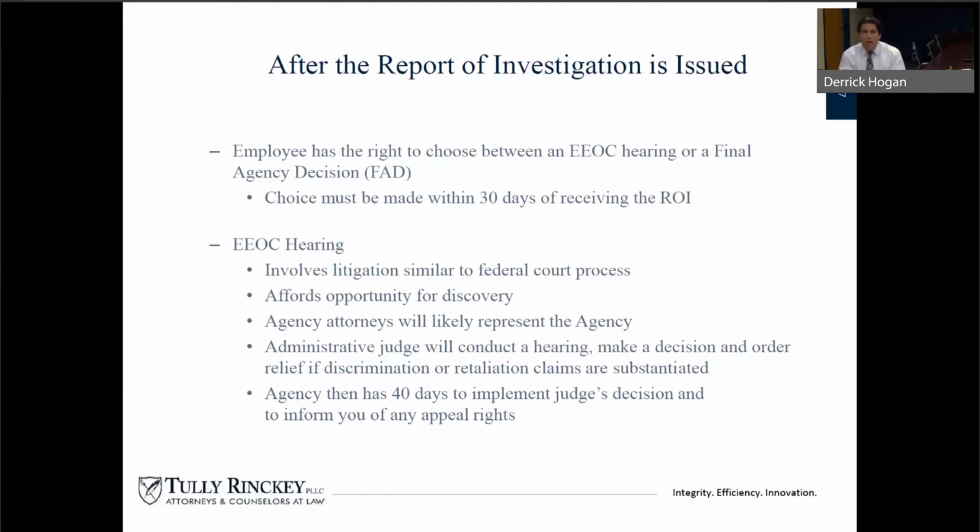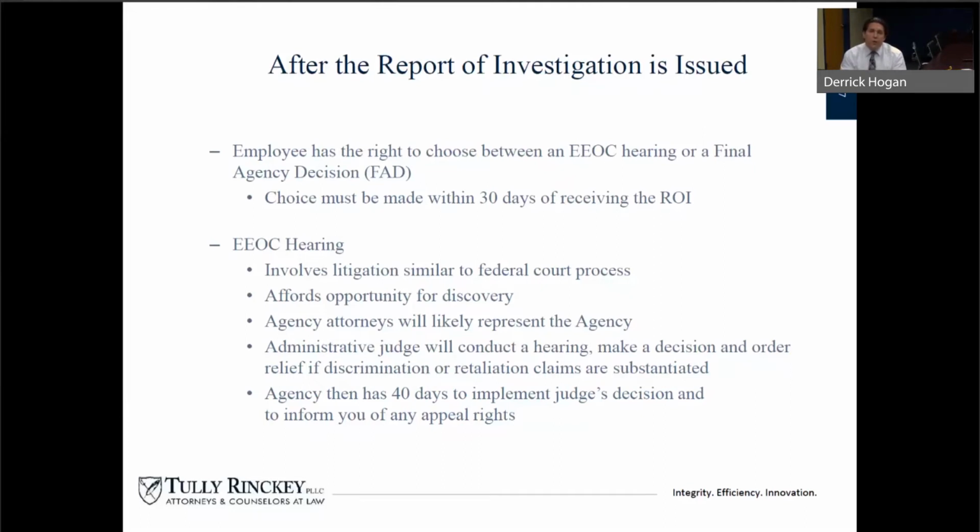And how is that? One is you engage in discovery. And this is in the hearing process. And discovery consists of a couple things: interrogatories, which are written questions, requests for document production, and also RFAs, requests for admissions, where essentially a statement is made and you admit or deny that statement.